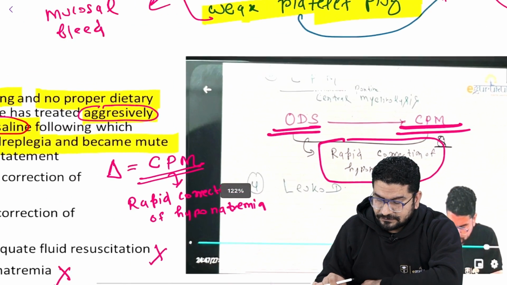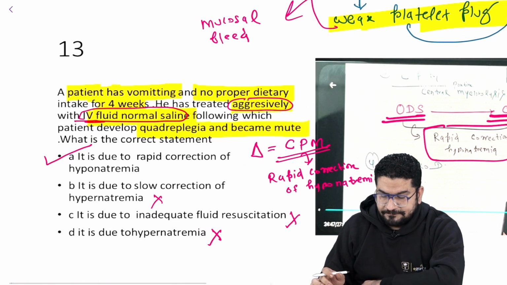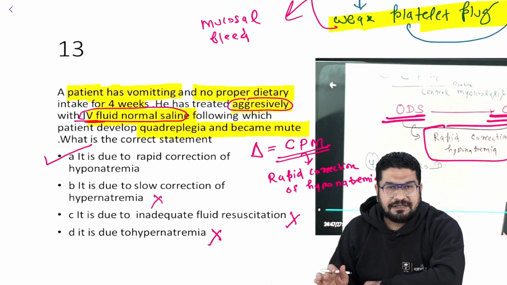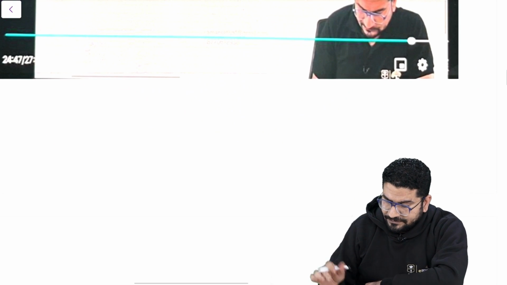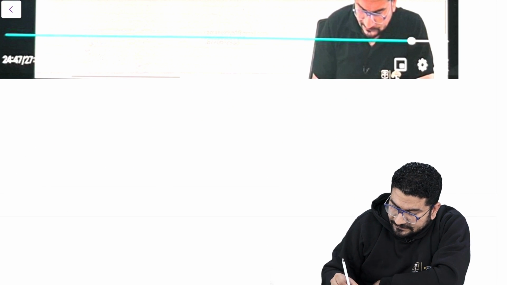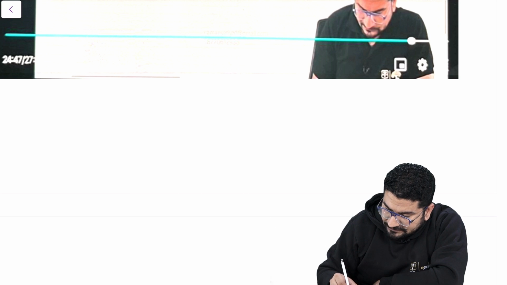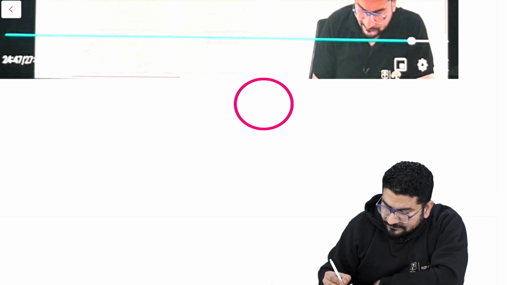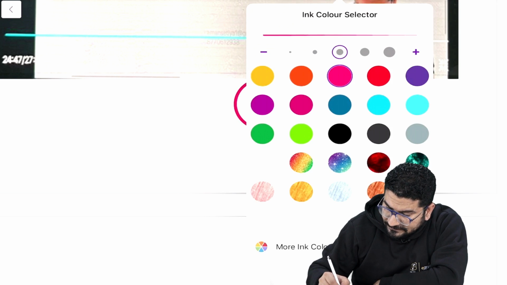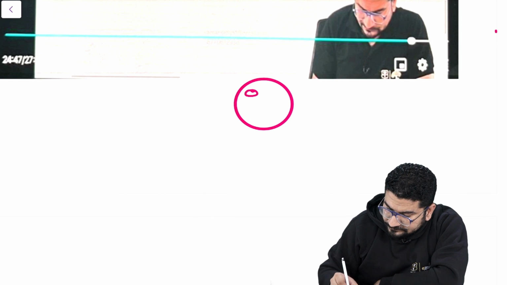So the answer for this question will be A. The diagnosis is central pontine myelinolysis. When you see a patient with central pontine myelinolysis, what you can notice is paralysis of all muscles.